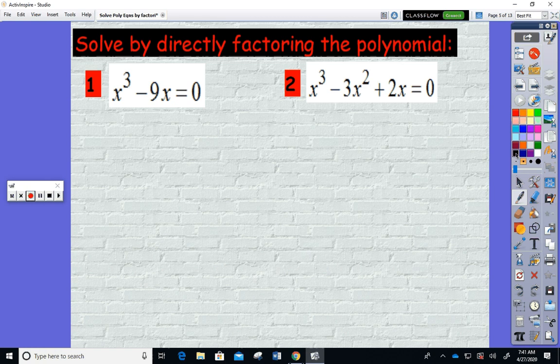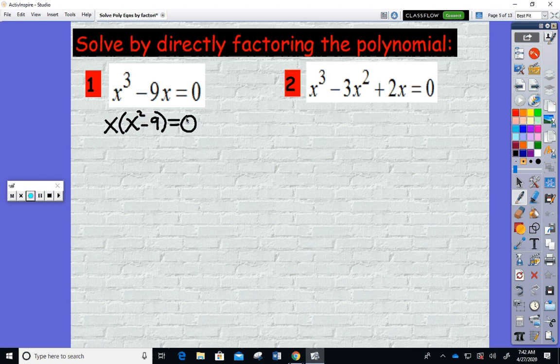Now on number 1, everything is on the left side like it's supposed to be with equals 0 on the right. I need to remind you that when we're factoring, we always start with GCF. I do see a GCF, and when I factor it out, I get x squared minus 9. Now, I see that x squared minus 9 might still be factorable because it's a quadratic and it's a binomial. So I've got to keep trying.